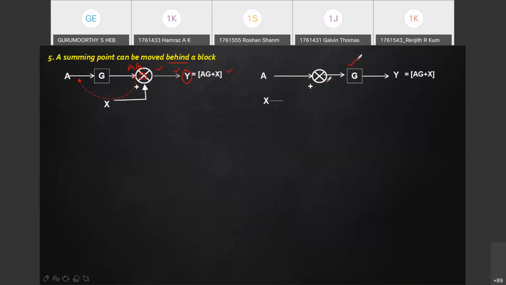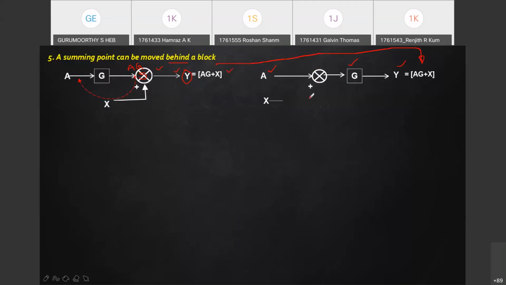With this, let us see what to do. Other things are the same. You have A, you have G, you have the output Y. Now as it is, Y equals AG plus X. That is what you should get. This should not be changed. The value you get at Y before and after alteration should be the same.